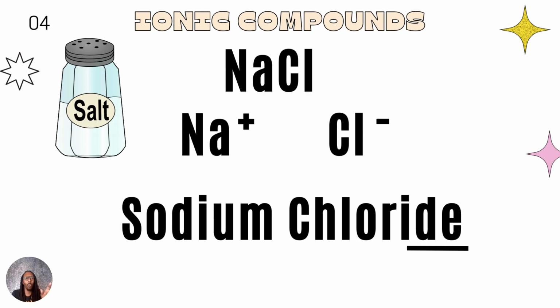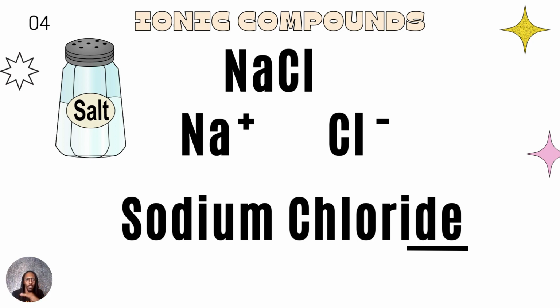Once we have the order correct, the second thing you need to do when naming these ionic compounds is, for all of your anions, change the ending to -ide. So instead of chlorine, we change the ending of chlorine to -ide.